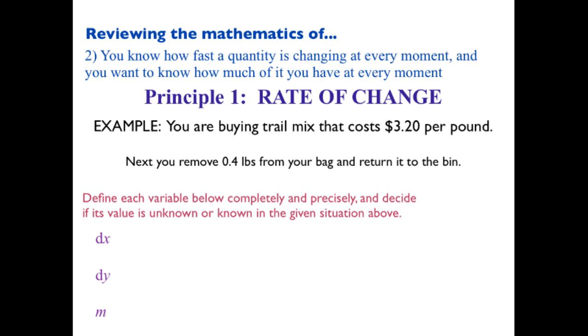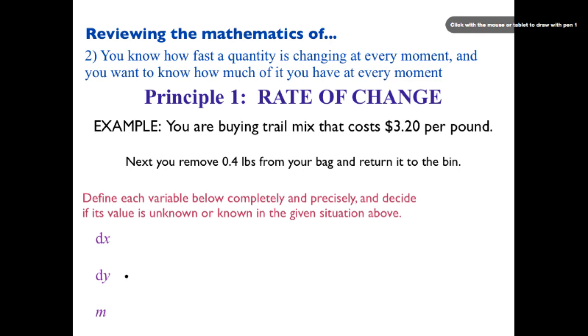Okay? What does dy mean? Change in cost? Do we know it? Could we find it? Yeah, right? So what did we say? Given any change in pounds, what's our change in pounds now? Negative 0.4.